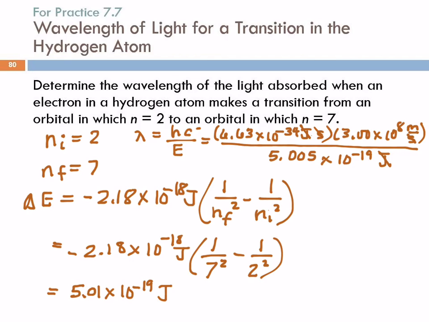This is good news, we're going to have a wavelength in meters. 6.63 EE minus 34 times 3 EE 8 divided by 5.005 EE minus 19. That's still just 2 sig figs, though. It's 4.0 times 10 to the minus 7 meters.